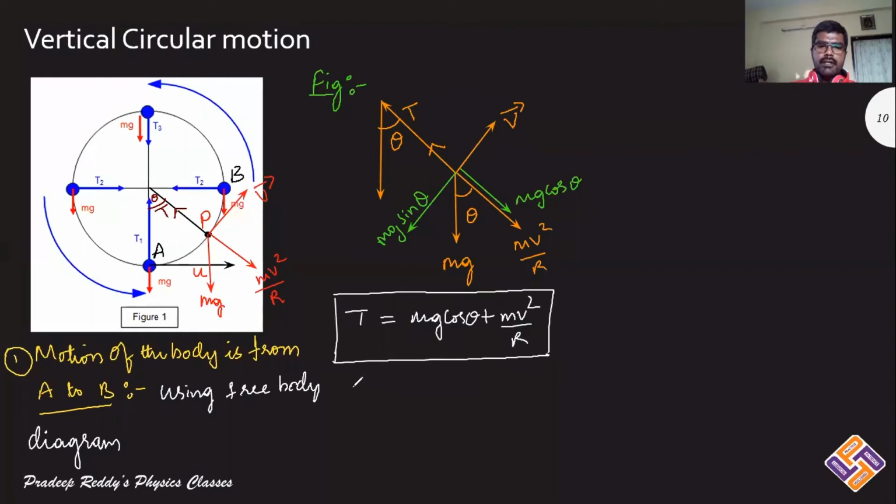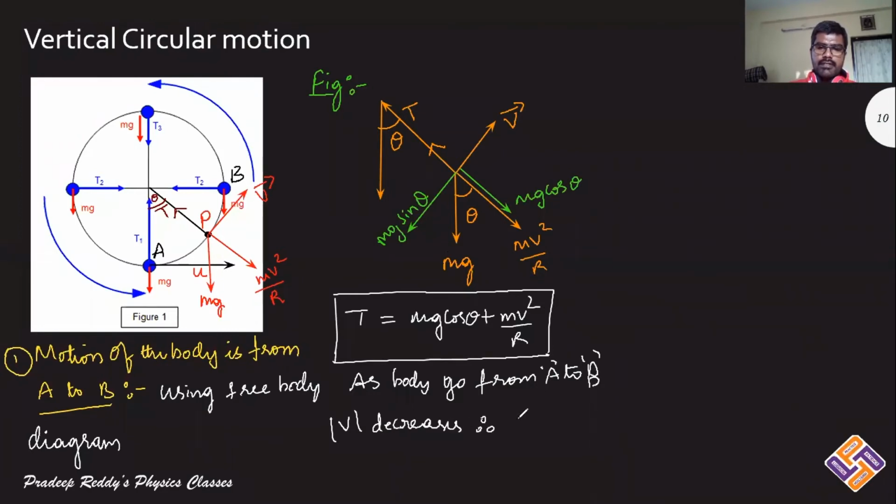So what is happening here? As body goes from A to B, velocity magnitude decreases.